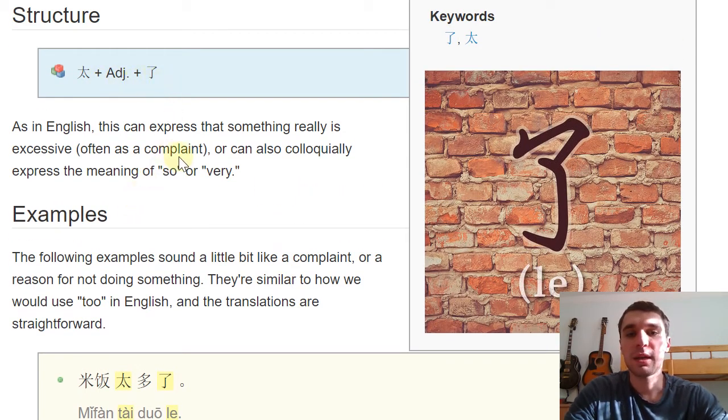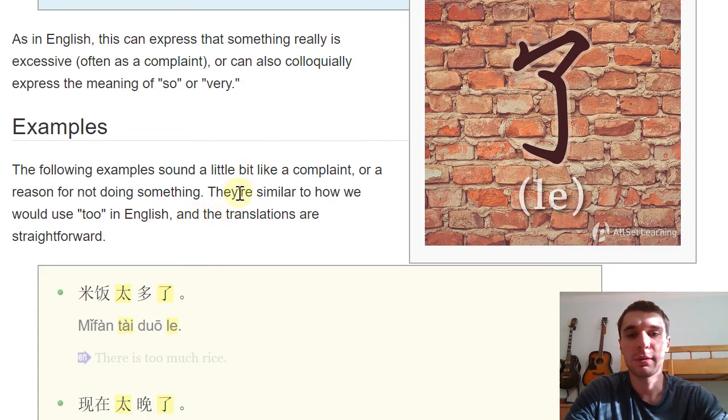As in English, this can express that something really is excessive, often as a complaint, or can also colloquially express the meaning of so or very. The following examples sound a little bit like a complaint or reason for not doing something. They are similar to how we would use too in English, and the translations are straightforward.